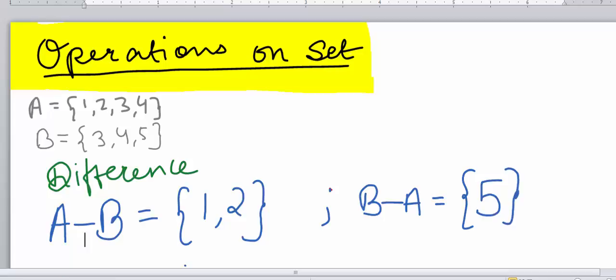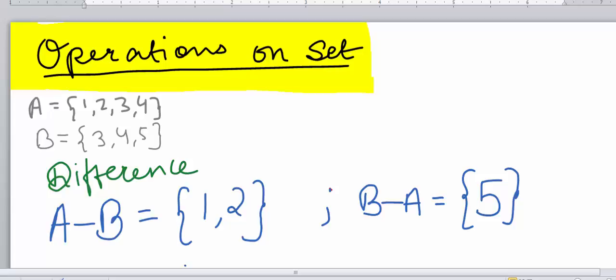So now you can see A minus B is not equal to B minus A. 1 and 2 are the only elements present in A which are not in B. So A minus B contains 1 and 2 only, whereas B minus A is 5 because 5 is the only element which is present in B but not in A.